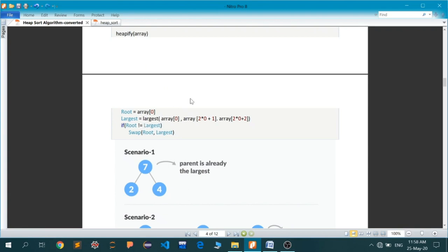All this function has to do is find the maximum value of the three: array[i], that is the root, array[2*i+1], which we have used to find the left child of the root, and array[2*i+2], that is the right-hand side child.